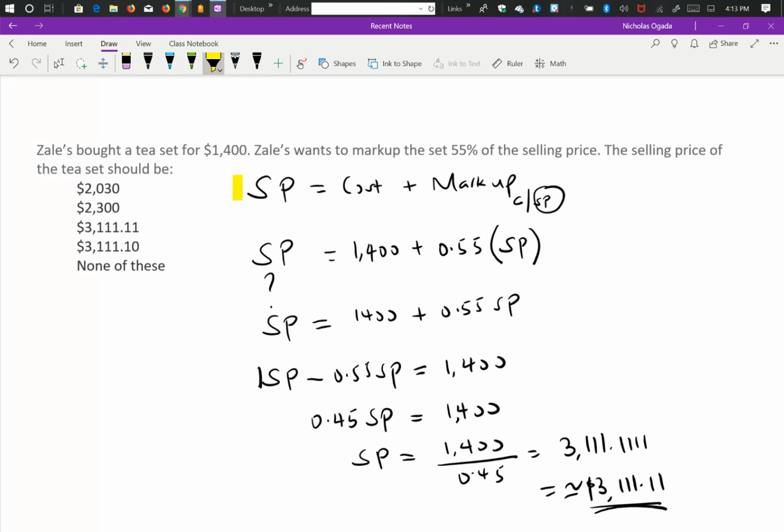So again, this second problem shows you we can still use the same formula to determine the selling price if you've been given the markup, and the markup is based on a selling price, and you've been given the cost.